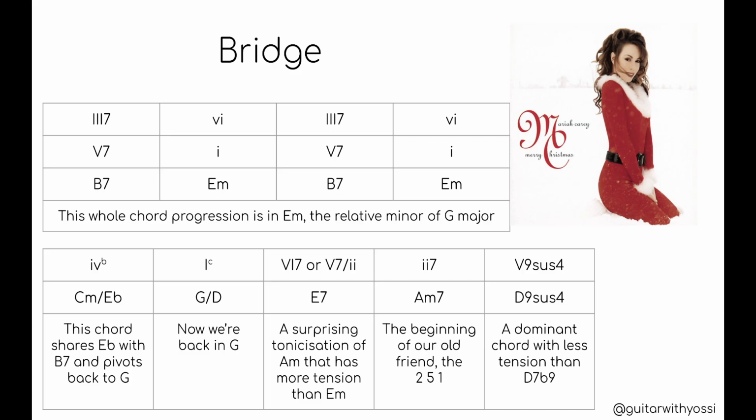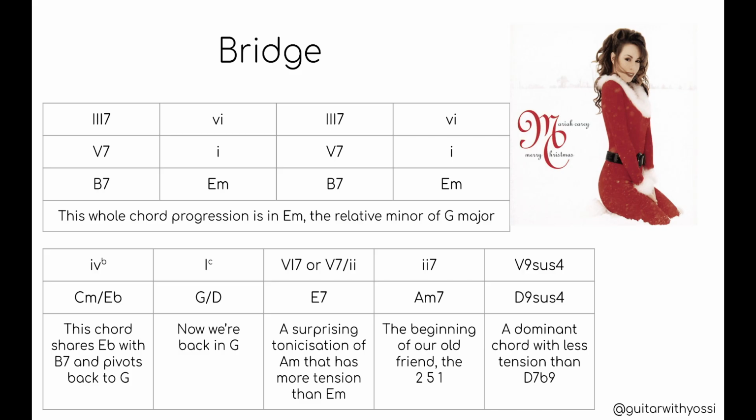5/7, 1. Okay, after that, we use this familiar chord, the C minor / E flat. Okay, so what I've written there is this chord shares E flat with B7. Something that's often overlooked is that the minor 4 chord and the major 3 chord have the same note in them.